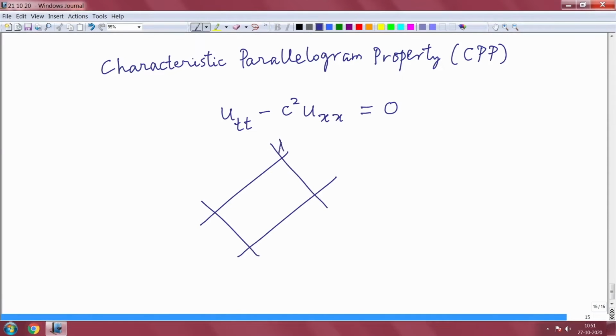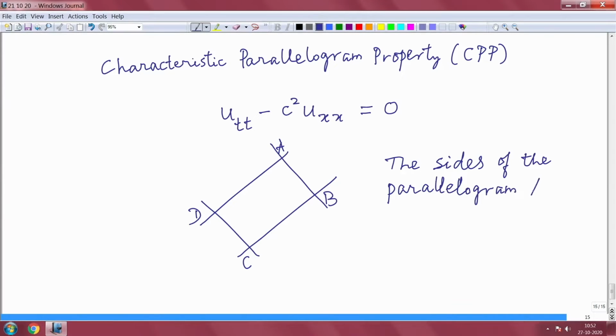Here I denote this A, B, C, D. The sides of the parallelogram A, B, C, D are line segments of the characteristics.